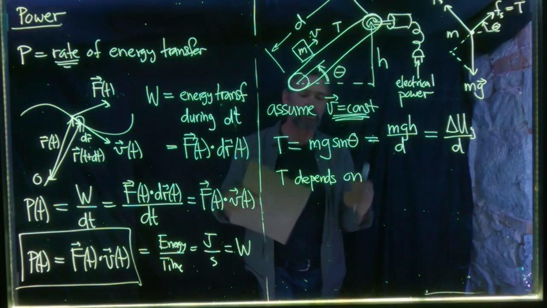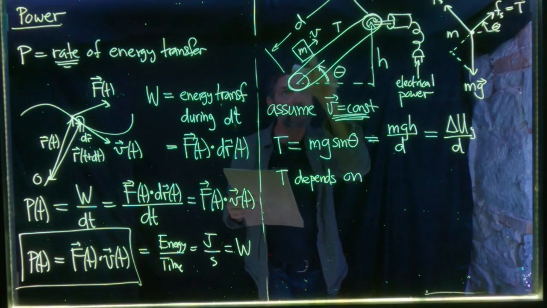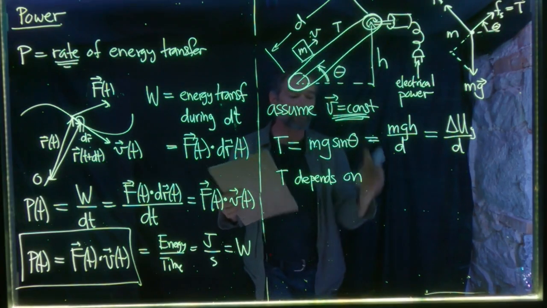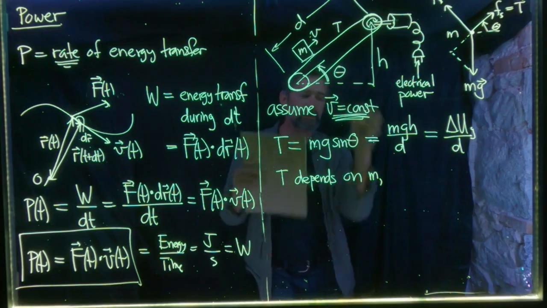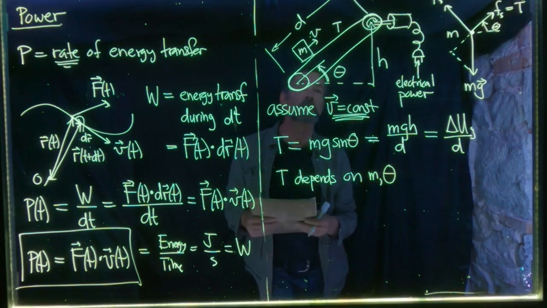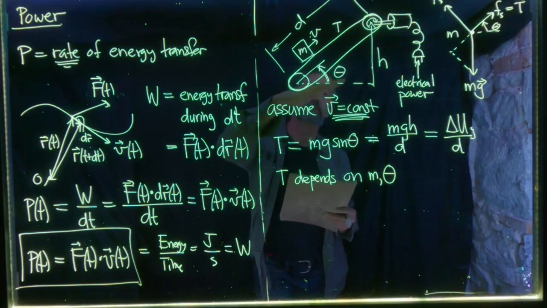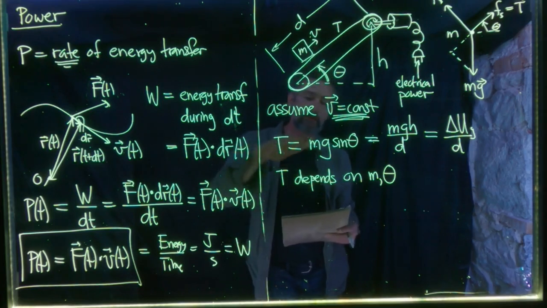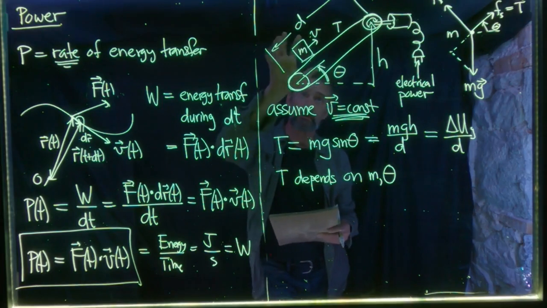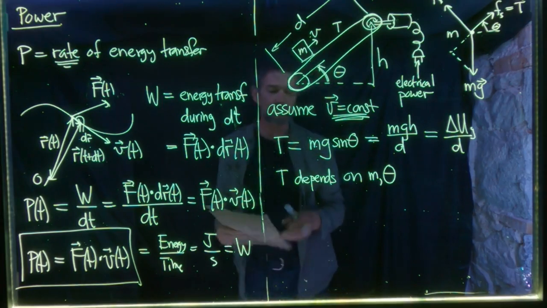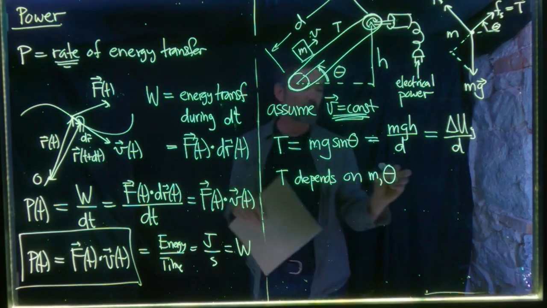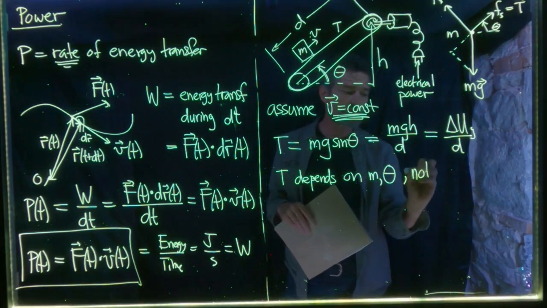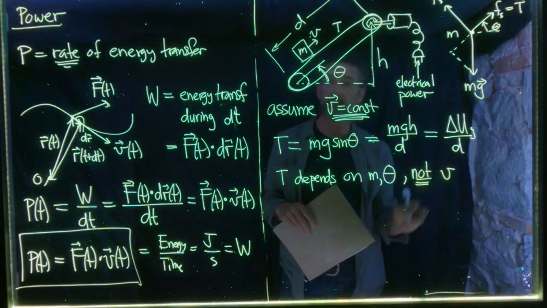In terms of the things that you can change, it depends upon the mass of the block that you're trying to raise up that conveyor belt, and of course it depends upon the angle theta, as we just said. So when theta is small, the tension will be small. As we increase theta, the tension gets larger. Also, if we double the mass, the tension also needs to double. So the tension depends upon mass, and it depends upon the angle theta. The point is, it does not depend upon the speed v.